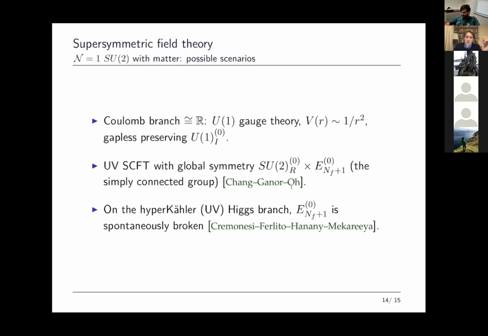In the UV, the anomaly does not provide any information about the global structure of the symmetry group. Indeed, using field theoretic methods, localization of ray operators, Zafrir and collaborators have shown that the symmetry group in the ultraviolet is the simply connected group with algebra E_{N_f+1}. So the gapless phase can then match the anomaly.